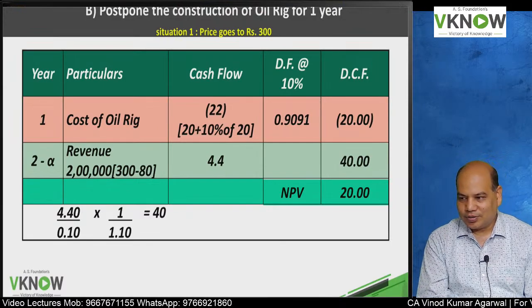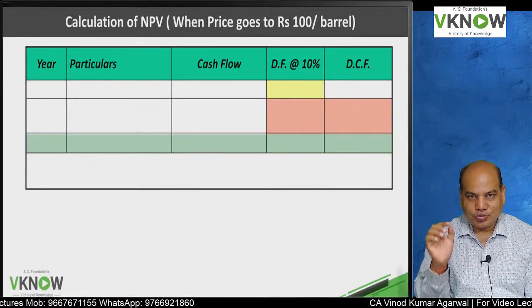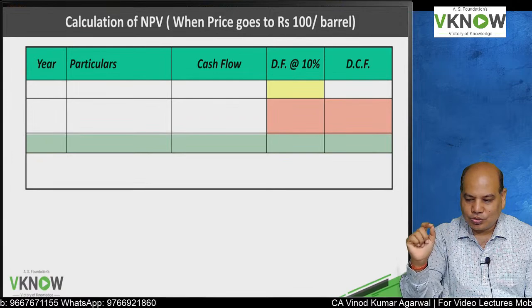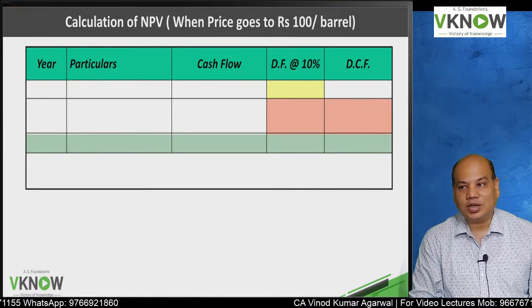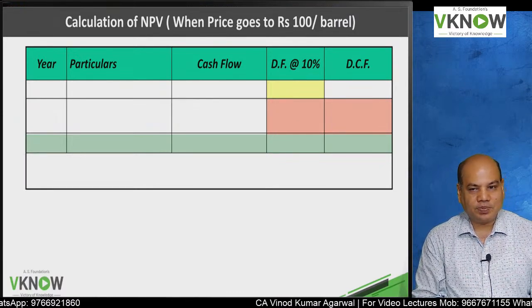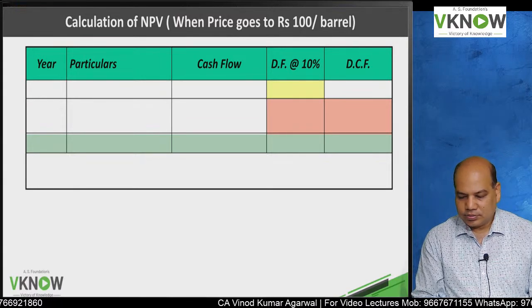Okay. Now write down below situation 2. Situation 2. When price goes to rupees 100 per barrel. Same format.